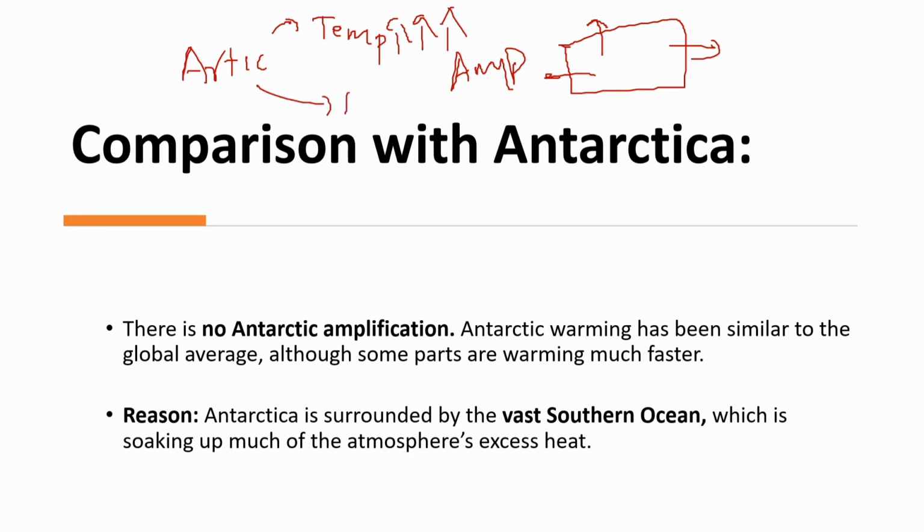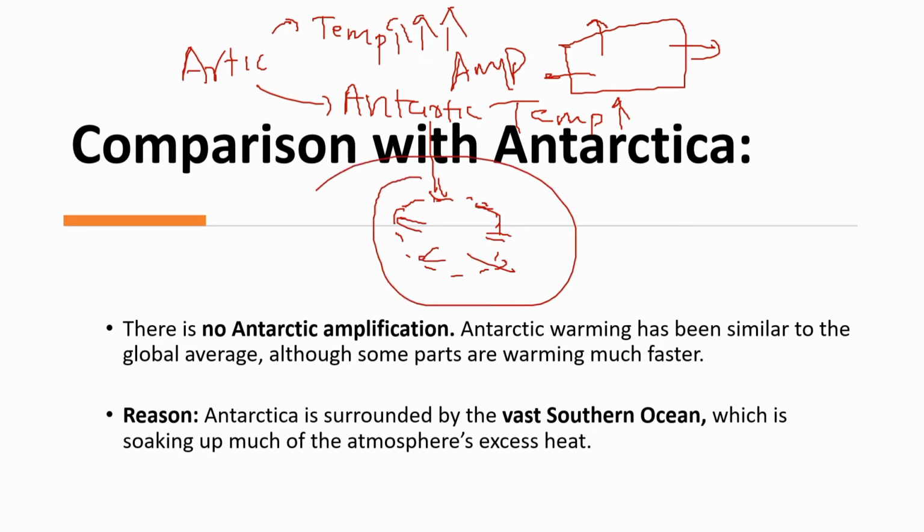At the same time, in the Antarctic region, the temperature rise is not that high. This is mainly because the Antarctic region is surrounded by ocean water, so the increase in temperature is evenly distributed to the other ocean waters. So there is not that much concentration of heat on that particular region.